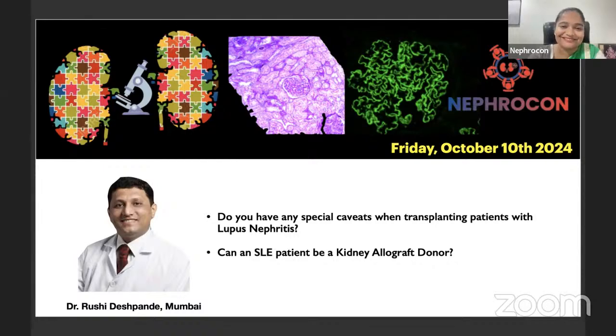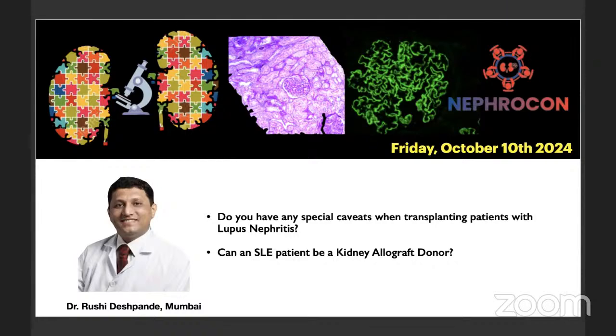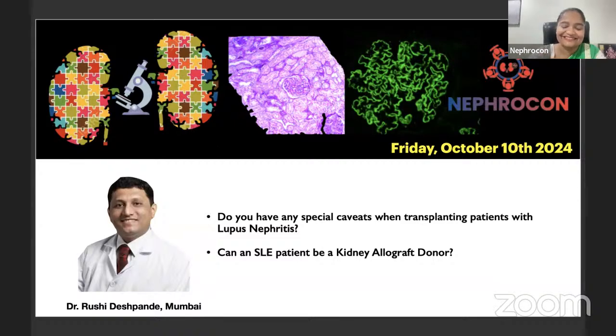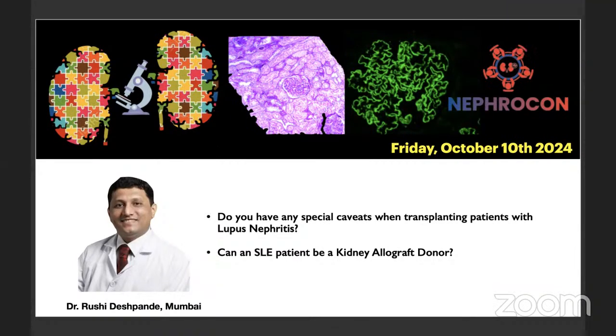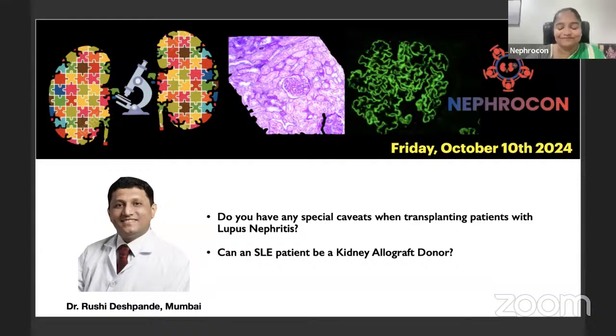So how much we want to really stretch the definition of extended criteria donors is up to our own practice. Sometimes we rationalize that it is for the greater good. A 70-year-old diabetic mother without any diabetic complications, very well controlled, donating to a 35-year-old son, I find it reasonable. But that is not what is there in the literature, right?